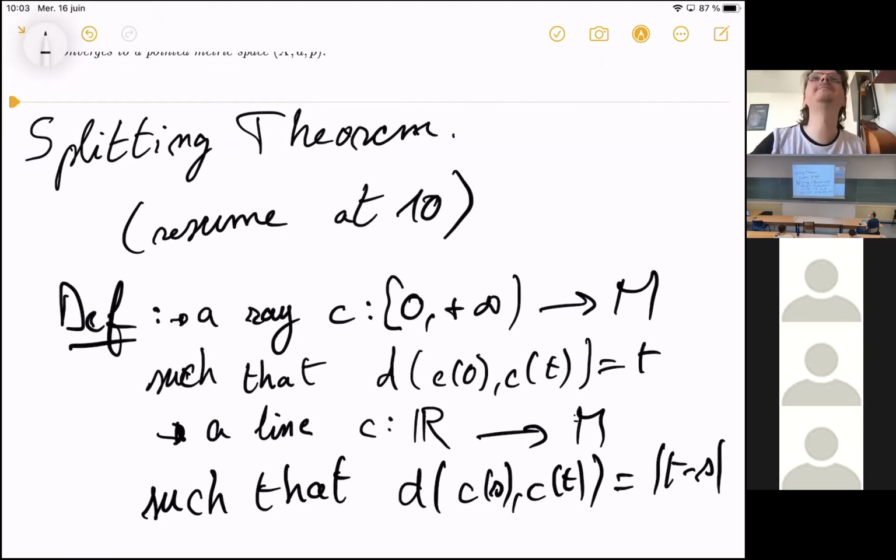Okay, so maybe to see if you have a feel for this definition.